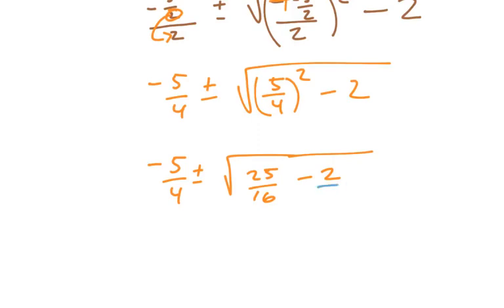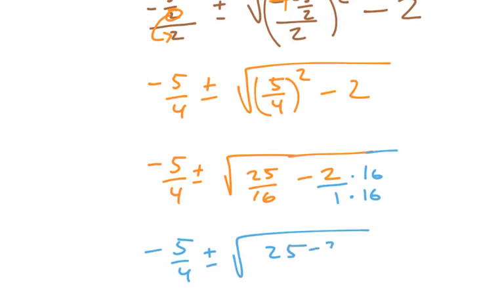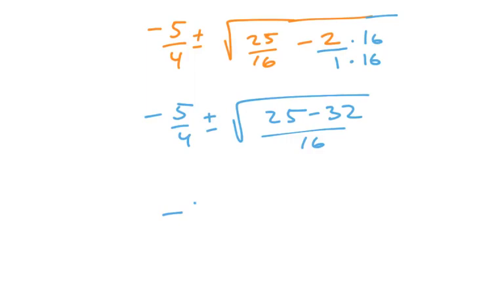We're going to have to create a common denominator, so we'll multiply top and bottom by 16. We'll get negative 5 over 4 plus or minus the square root of 25 minus 32 over 16, which gives me negative 5 over 4 plus or minus the square root of negative 7 over 16.